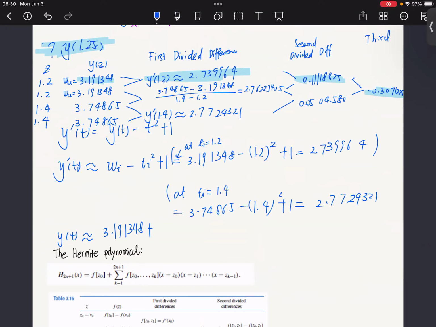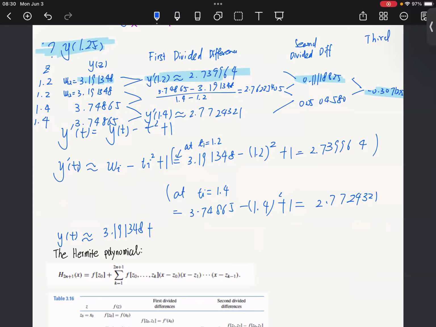And so that is the FZ0 and then Z1 here, which means that this one corresponds to the one we have in this column, and this is the first divided difference, and the first element in this column. So for k equals 1, we have the first value in the first divided difference.